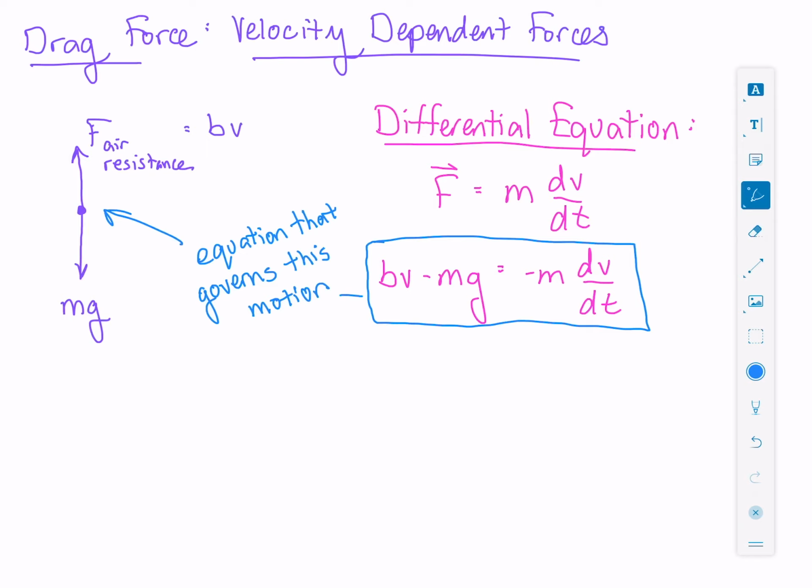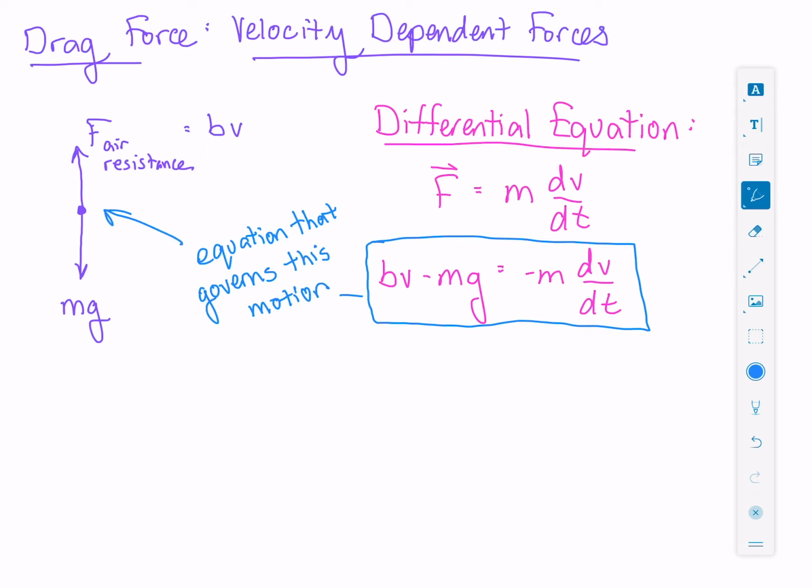bv cannot be greater than mg. If bv is greater than mg, then that's telling us that air resistance is actually pushing it up, which doesn't make sense. Objects, when they're falling, they're going down. They're not accelerating upwards when you drop something. So bv is approaching a limit up until where the acceleration is 0.